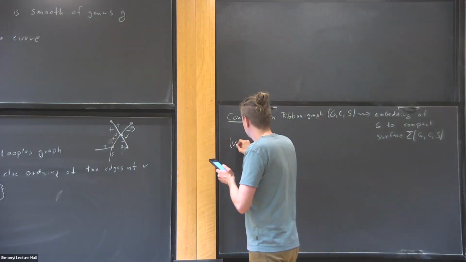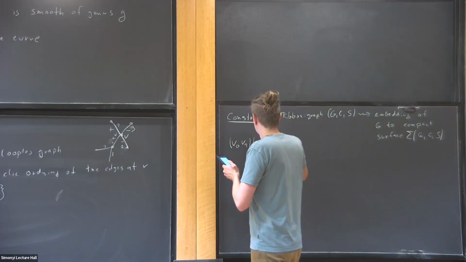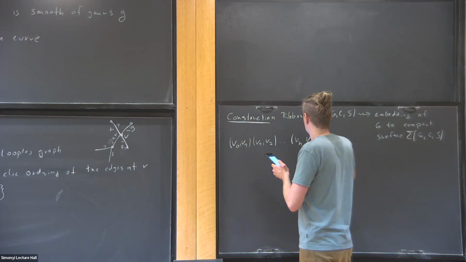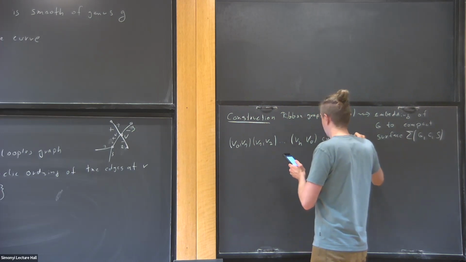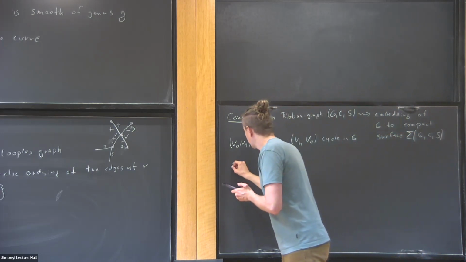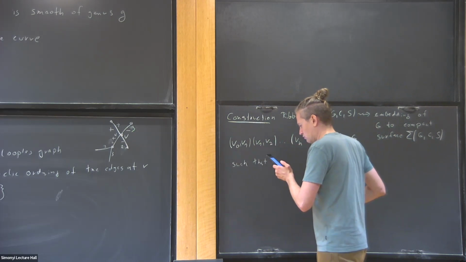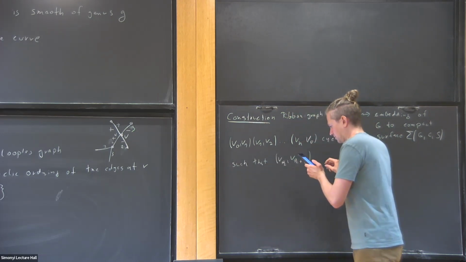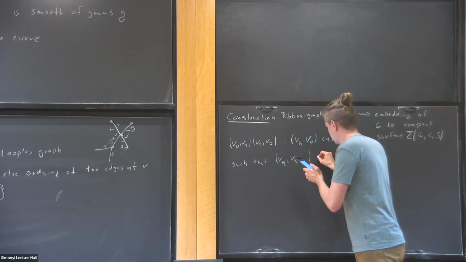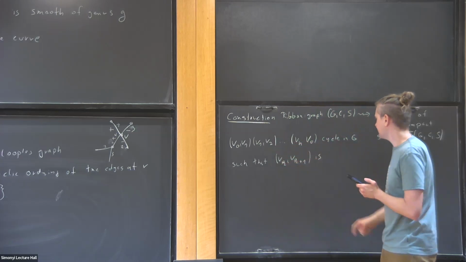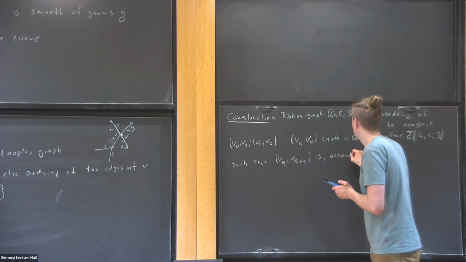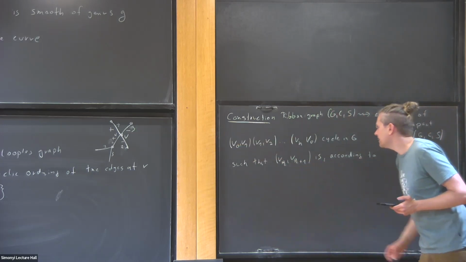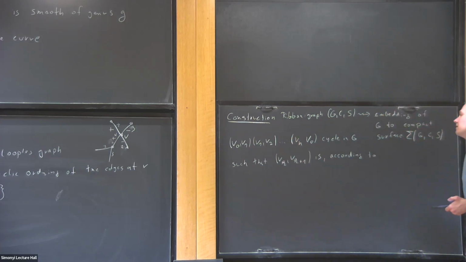So if you have a cycle of edges, and we want that this edge is, according to the cyclic ordering C at Vk, a neighbor of the preceding edge.